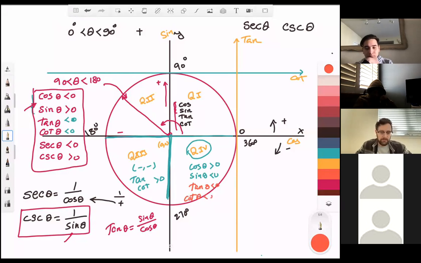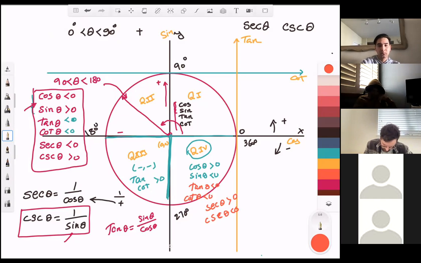Cotangent of theta is negative. Secant of theta, which is 1 over cosine, is positive. Cosecant of theta is negative. Any questions here?